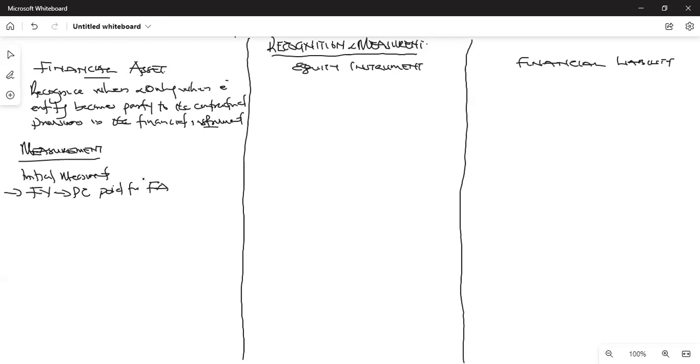But the initial measurement is fair value, and remember, it is an asset. So an asset includes the direct cost and any other cost incurred in bringing the thing into its useful state. Therefore, it is at fair value, adding transaction cost or issue cost.